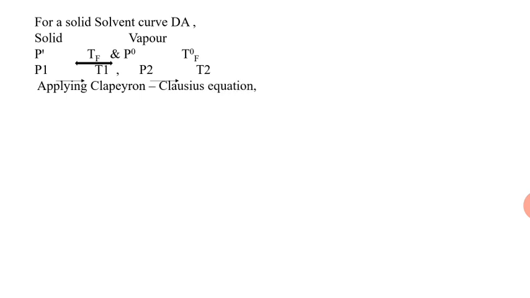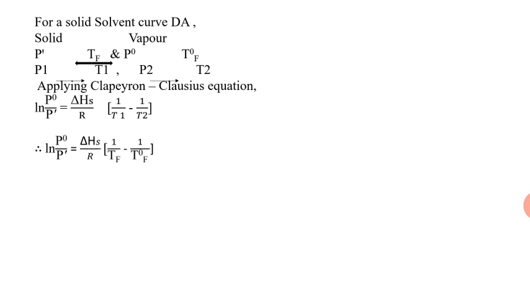Applying the Clapeyron-Clausius equation to the above equilibrium, we get ln P0 by P dash is equal to delta Hs upon R inside the bracket 1 upon T1 minus 1 upon T2. Now putting the values of T1 and T2, we get ln P0 upon P dash is equal to delta Hs upon R, 1 upon Tf minus 1 upon T0F.